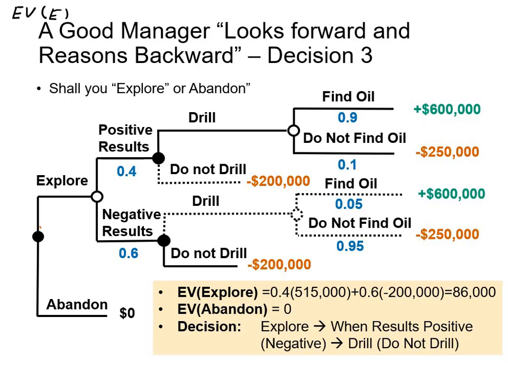Okay. So now we focus on this decision node. So now we get with a probability of 0.4, if we get a positive result, we drill, and if you remember, we calculated an expected value of 515,000, plus with a probability of 0.6, well, we got to get the 200,000, which was still better than the loss of 207,500.